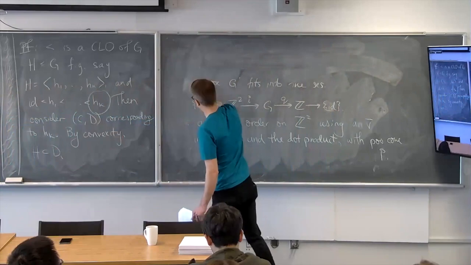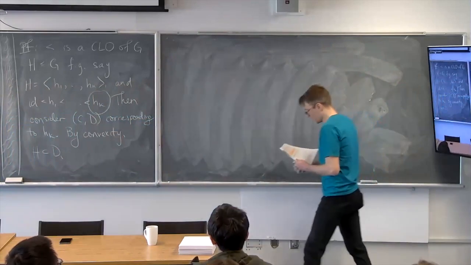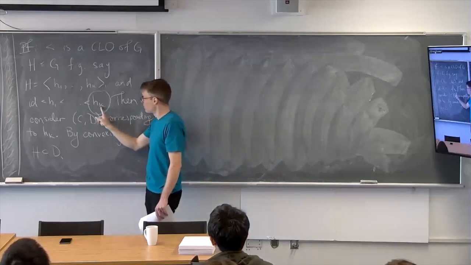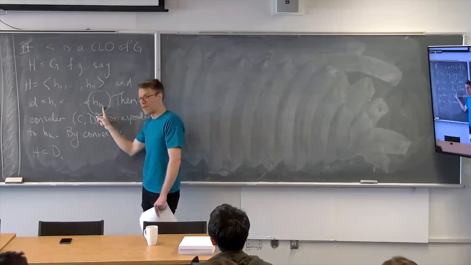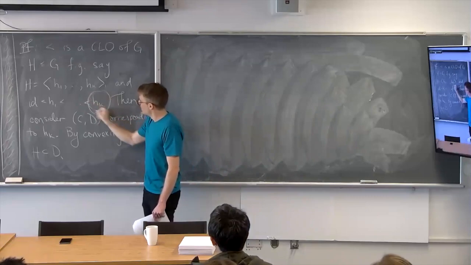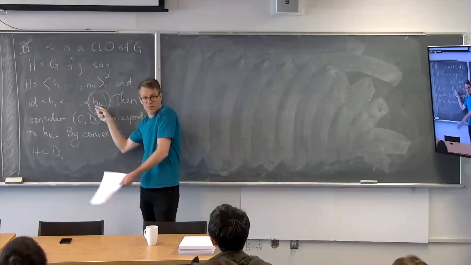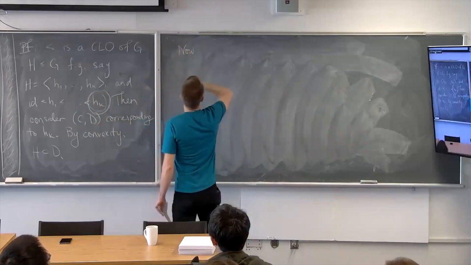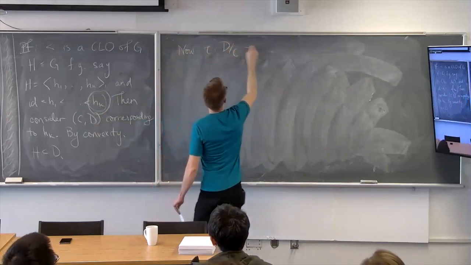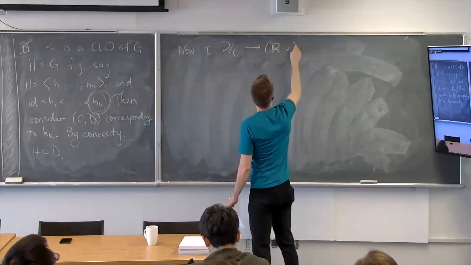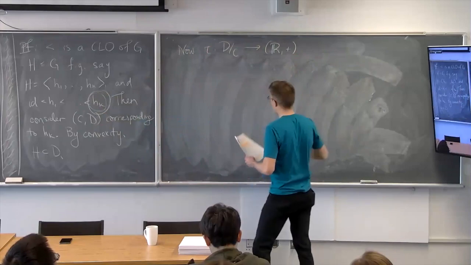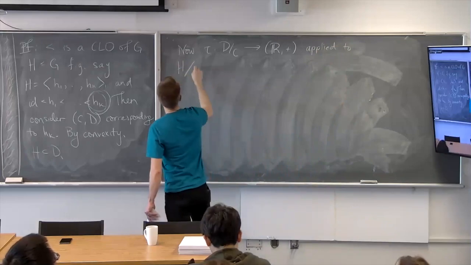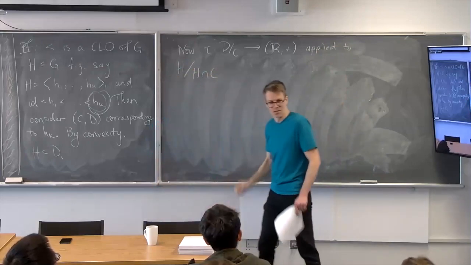But I have to be just a tiny bit more careful than that. First note that C does not contain H, right? Because h_k is outside of C. And so if I use the Conrad homomorphism, this thing at least is going to have a non-trivial image. So if we look at tau applied to H mod H cap C, I'm being a little sloppy here, but that's what you want to do.